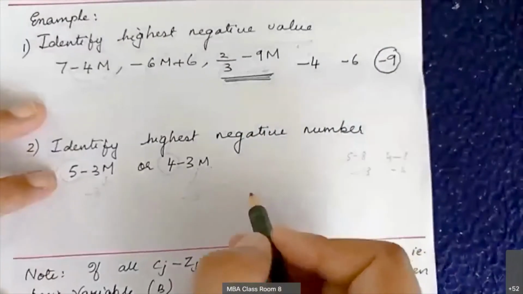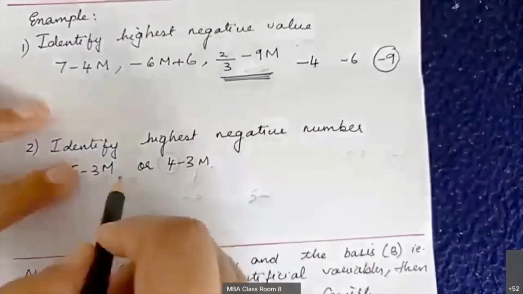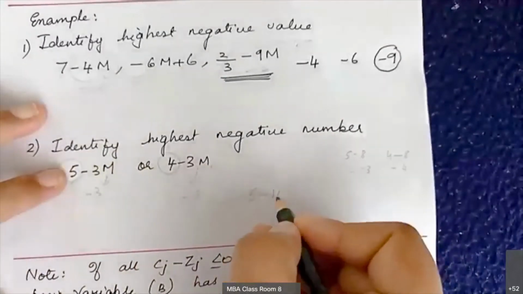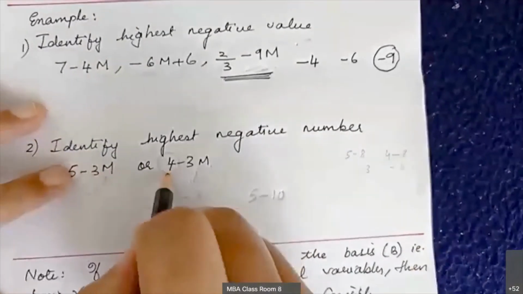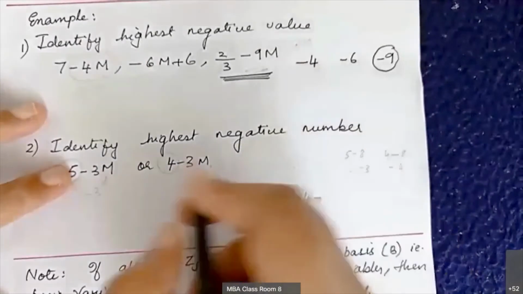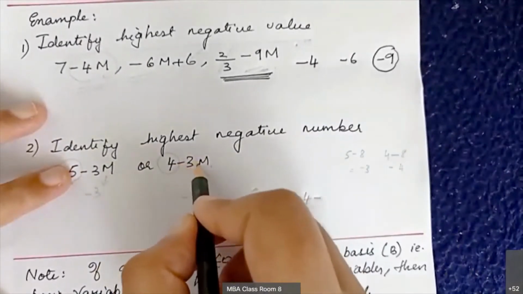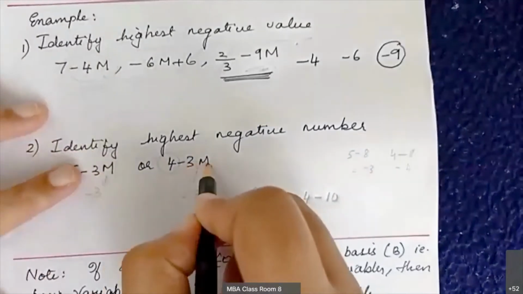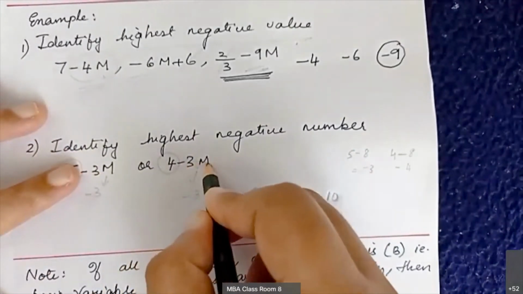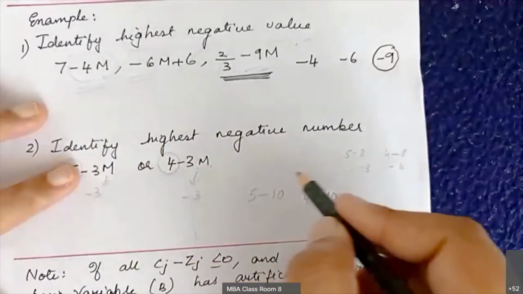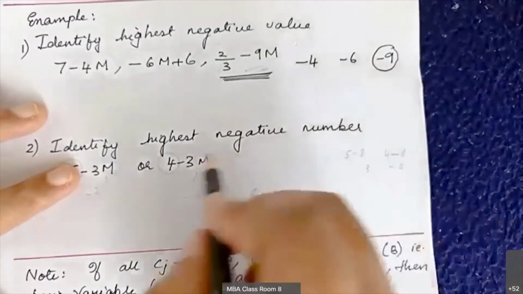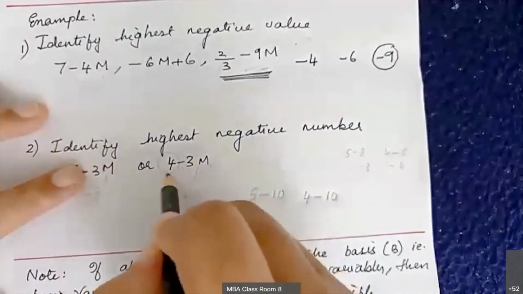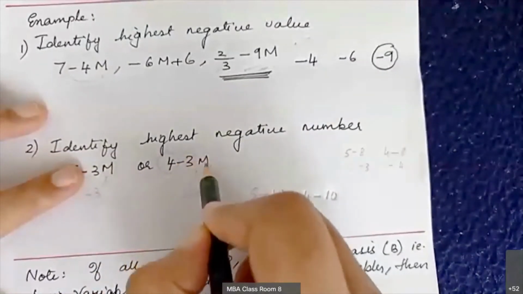Here I am taking 5 minus, instead of 3m, a bigger value like 10. Here I have 4 minus, instead of 3m, the value 10. Here also it is 3m, here also it is 3m, so I can take the same very big value. So it is 5 minus 10, and here 4 minus 10.